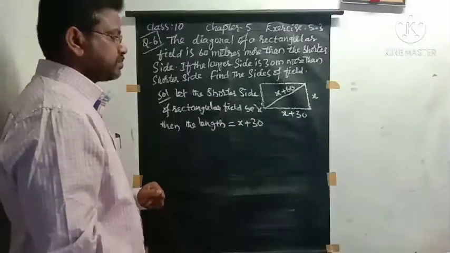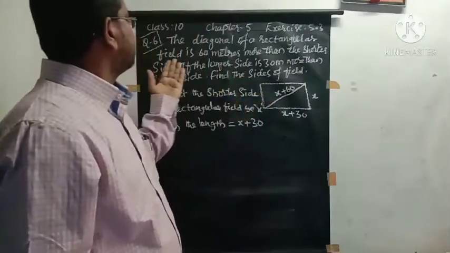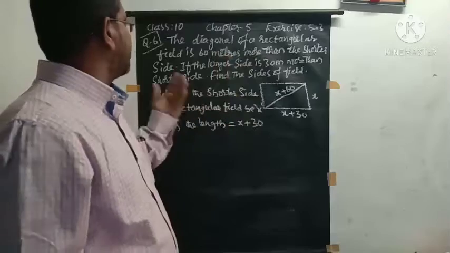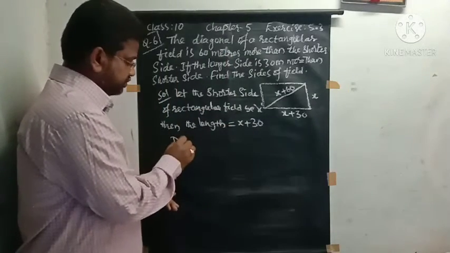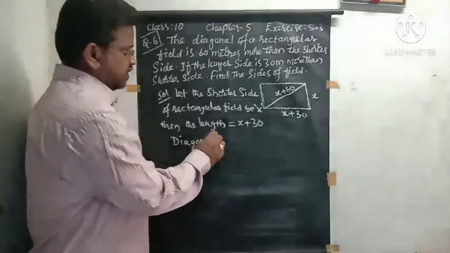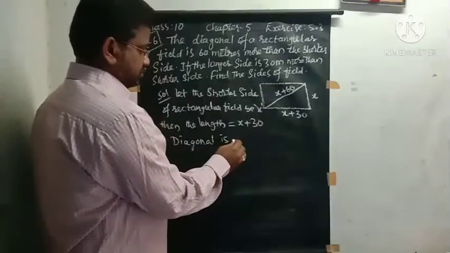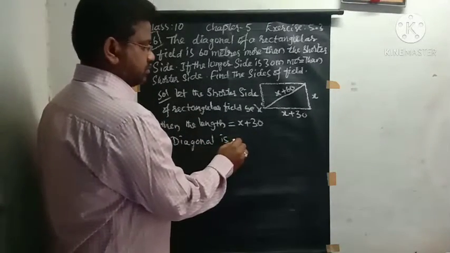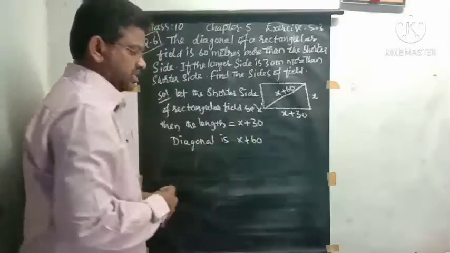From the figure, the diagonal is 60 meters more than shorter side, you know. So the diagonal is x plus 60.